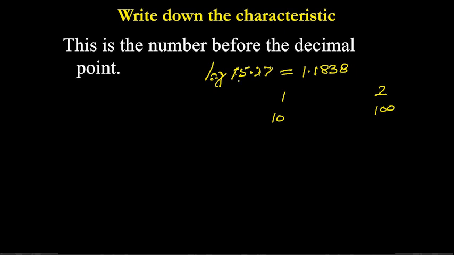Between 10 and 100, you will consider 1527, where should we place the decimal so that it is between 10 and 100? I can't place the decimal here because then it will be between 1 and 10. I can't place it here because it will be between 100 and 1000. The number 15.27 will be between 10 and 100. So this characteristic will tell us where the decimal has to be placed, the opposite of log.